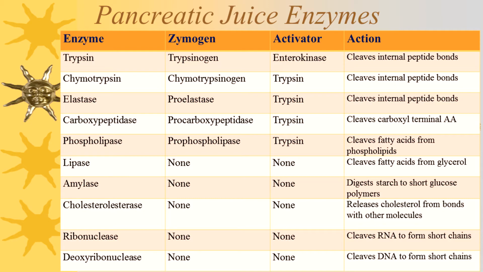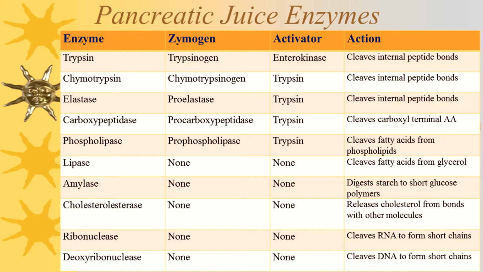So enterokinase will convert trypsinogen to trypsin, which is the active form, and then one of the actions of trypsin is to activate these 4 zymogens. Trypsin converts chymotrypsinogen to chymotrypsin, proelastase to elastase, procarboxypeptidase to carboxypeptidase, and prophospholipase to phospholipase.